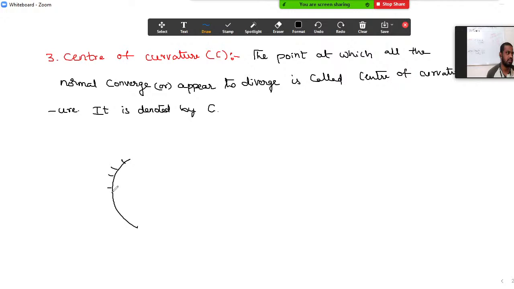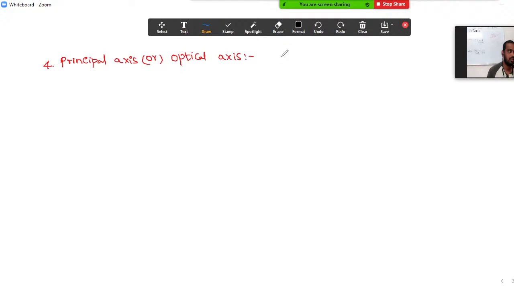This is nothing but the line joining from pole to center of curvature of a spherical mirror. The line joining from pole to center of curvature of a spherical mirror is called the principal axis. Look at here. Carefully observe.